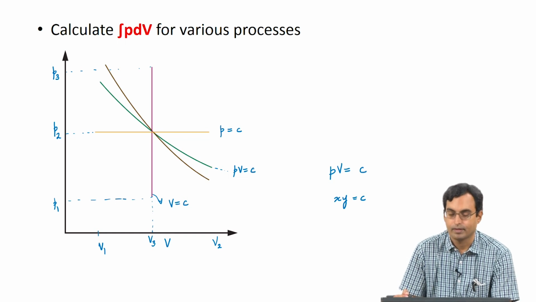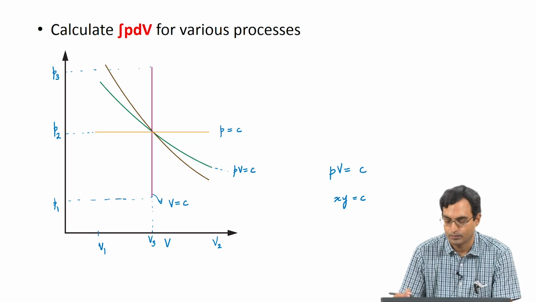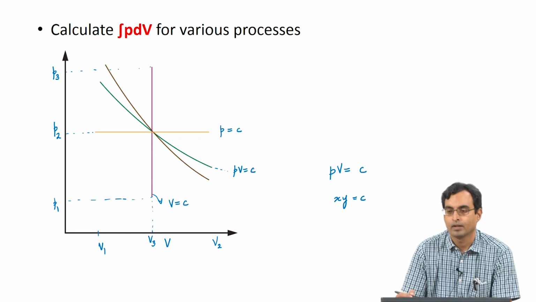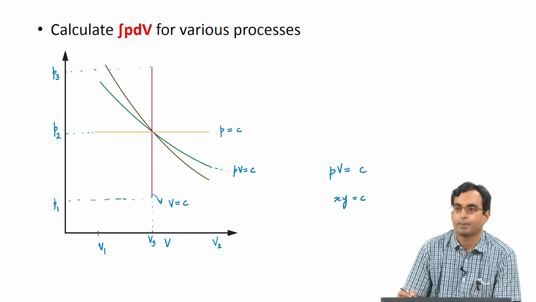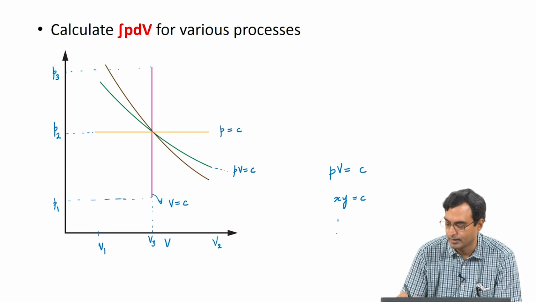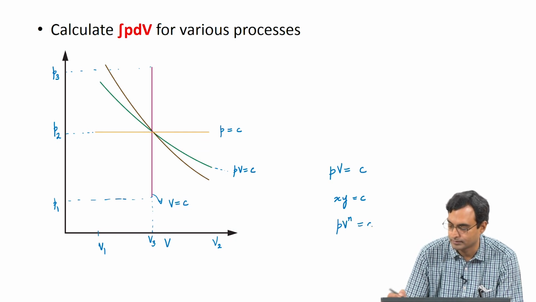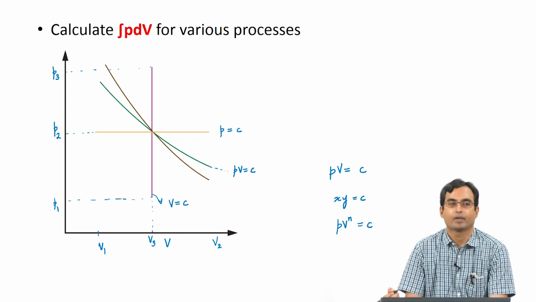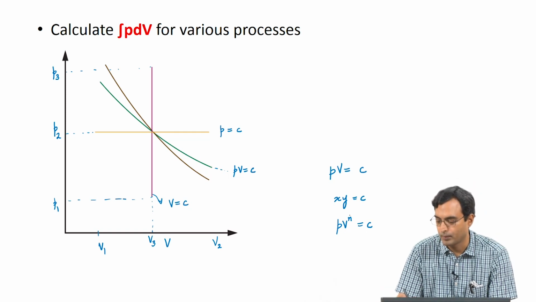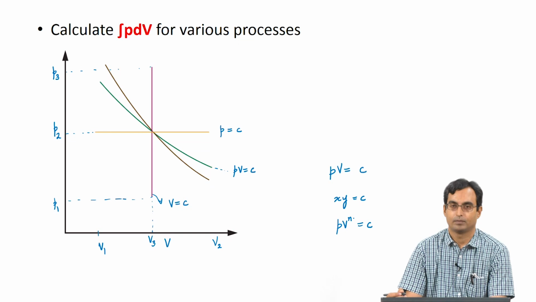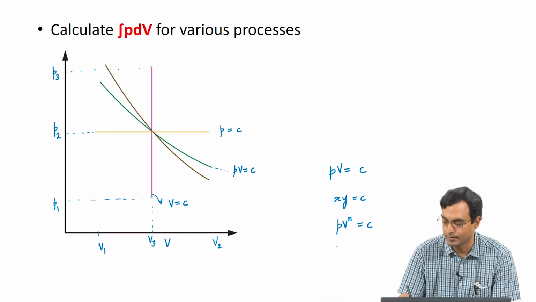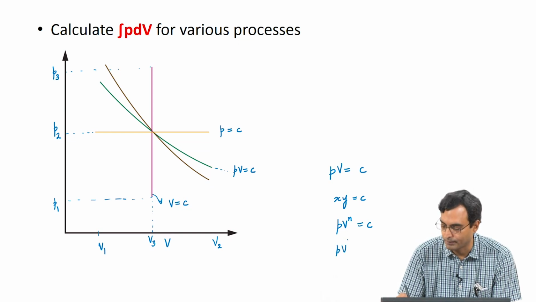We are also interested in other processes which we cannot represent in any of these. One of the ways in which we represent some process of that kind is by the equation PV to the power n equal to constant. One special case of this process is where n is equal to gamma, which is the ratio of the specific heats. We are familiar with that from earlier.